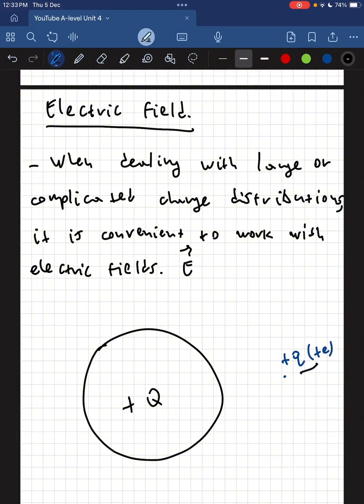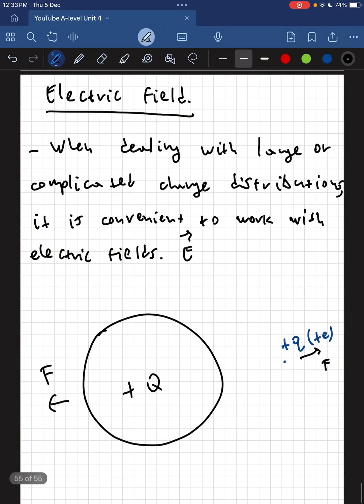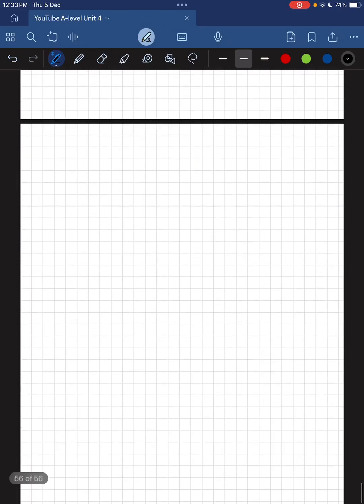The proton is gonna be repelled by a force F to the right due to the positive charge plus Q. And the proton is gonna be pushing the large metallic sphere plus Q to the left. But obviously you immediately see that the proton is the one which is gonna move, not the large metallic sphere, right? So let's keep this thought in the back of our minds and let's go write down what F is equal to.